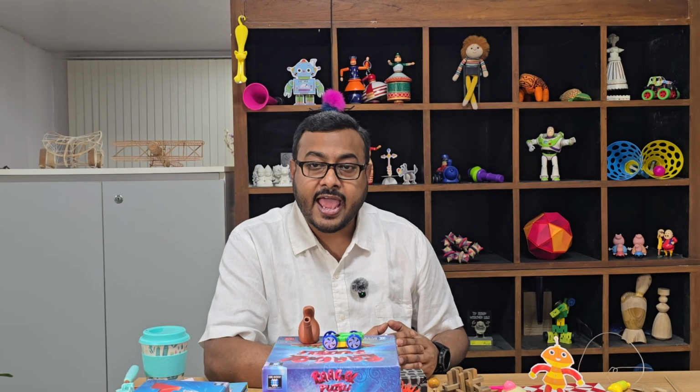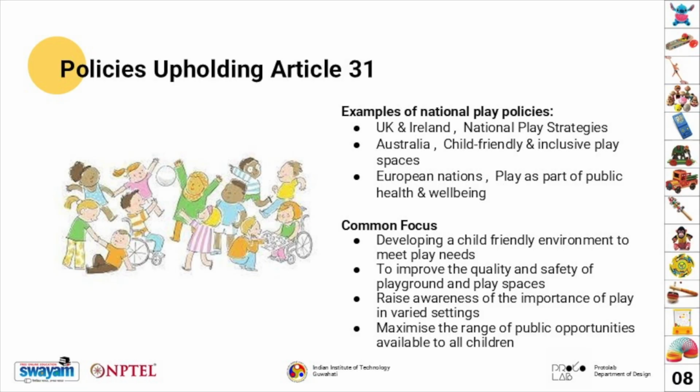Across many countries, Article 31 of the UNCRC is translated into national and regional play policies. These policies differ in structure, but they share a common intention, making play possible in everyday life. In the UK and Ireland, national play strategies explicitly recognize play as essential to children's well-being.